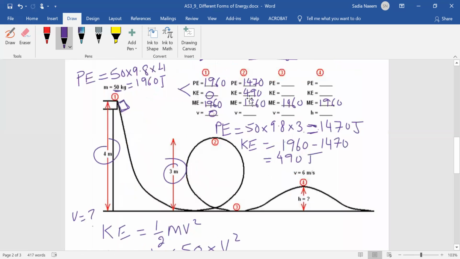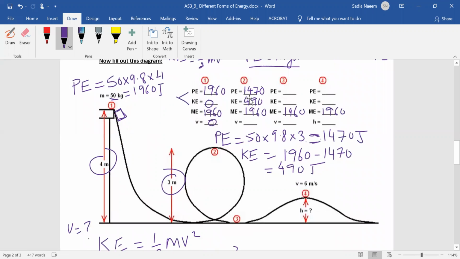All right, now the next one, I'm going to have you do all the parts one at a time through chat. Now we're at position 3, ground level. Height is 0. What is the potential energy at position 3? Through chat. PE at position 3. What is that?